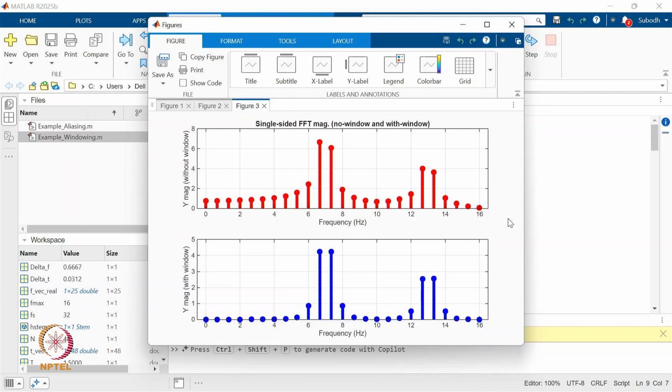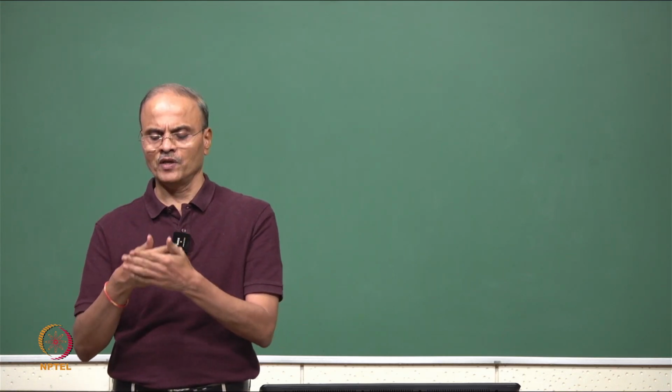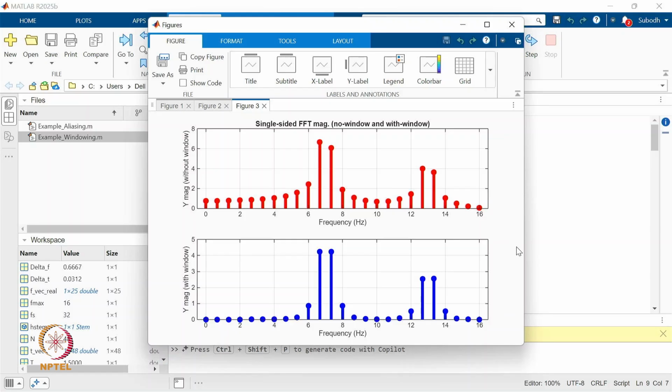Now, we have also found the FFT of the signal with window. We multiplied the signal with the window function and found its FFT, and the lower plot shows you that. What is the observation? If you compare the two plots, we see that in the lower plot, which is obtained with window, the spurious components have been significantly attenuated.